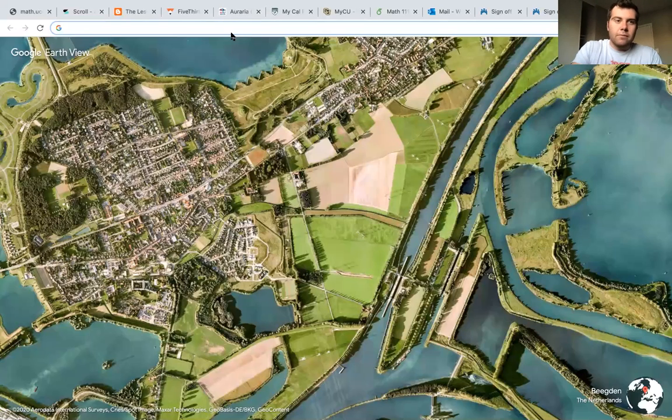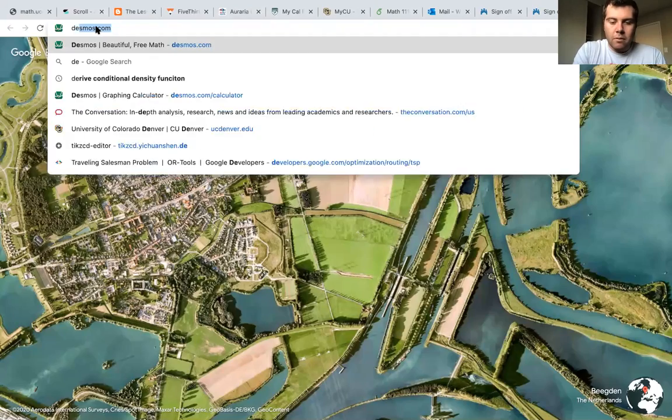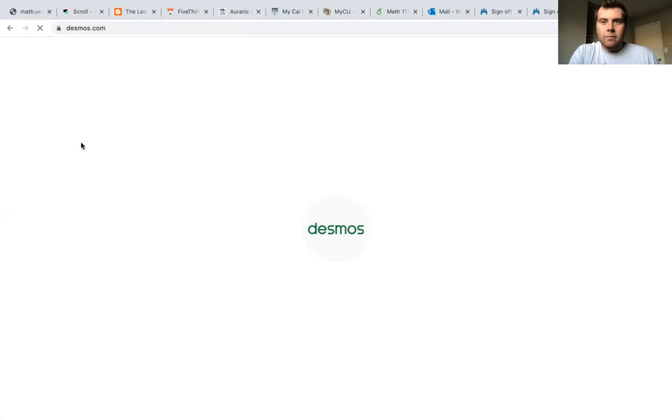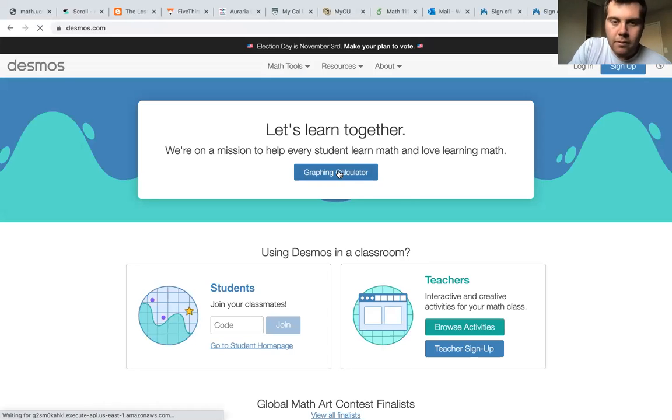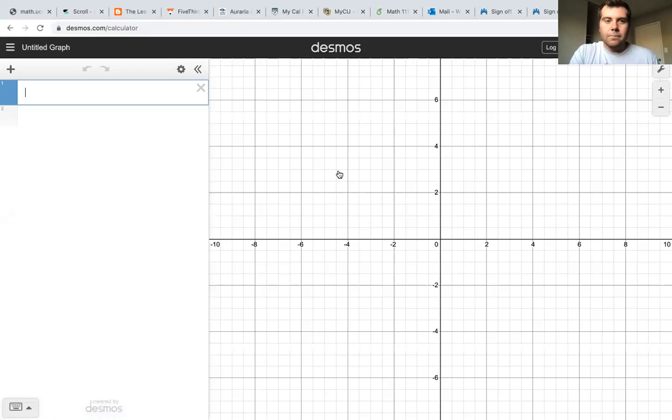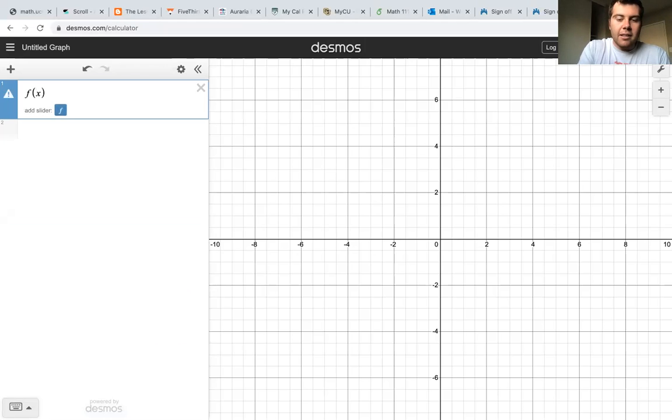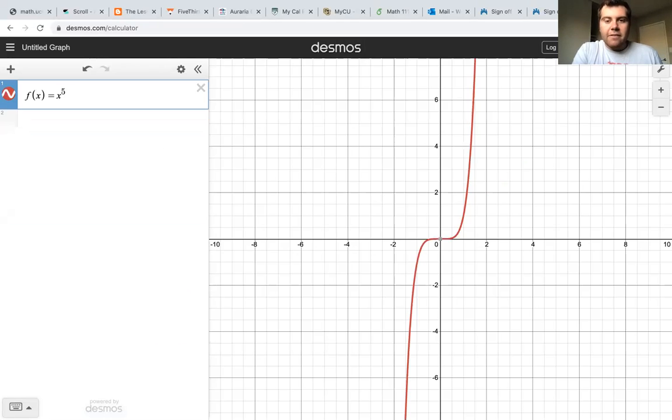All right, so I'll share my screen, go to Google Chrome. So we can see that we have f of x equals x to the fifth plus 3.